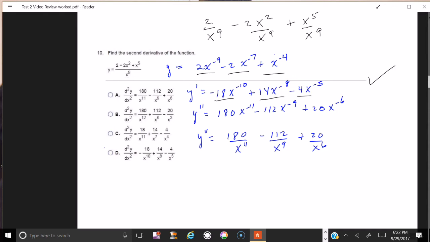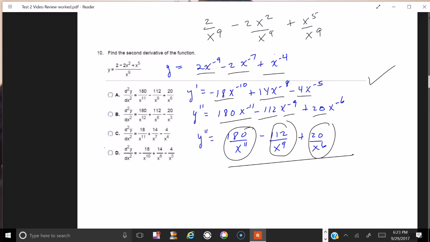Now taking the second derivative, which is just taking the first derivative of the first derivative, we get 180x to the minus 11 minus 8 times 14, which is minus 112, x to the minus 9, and then finally minus 4 times minus 5 is 20, x to the minus 6, and now we rewrite this with the x having positive exponents, and we get what you see here, and that is answer A.